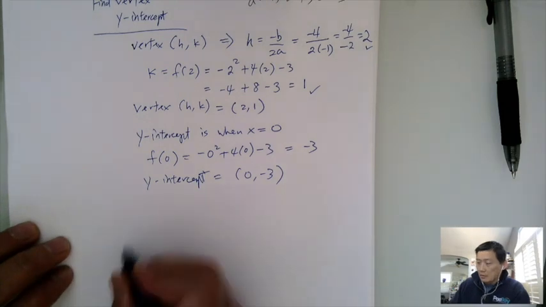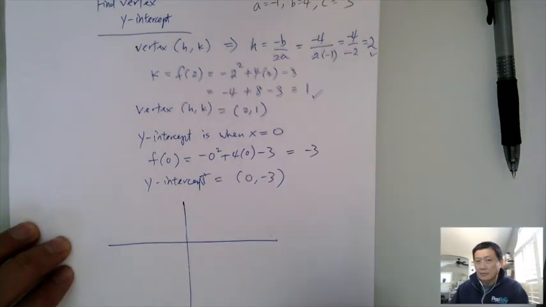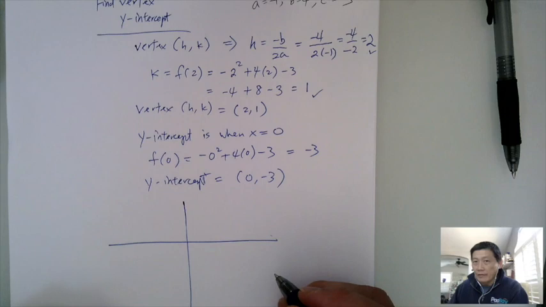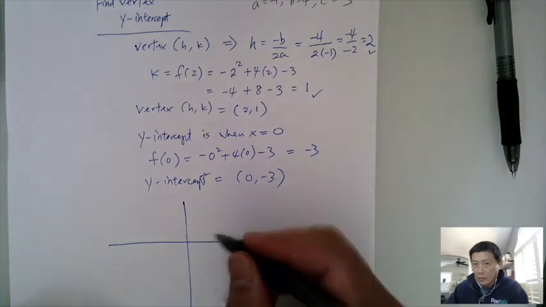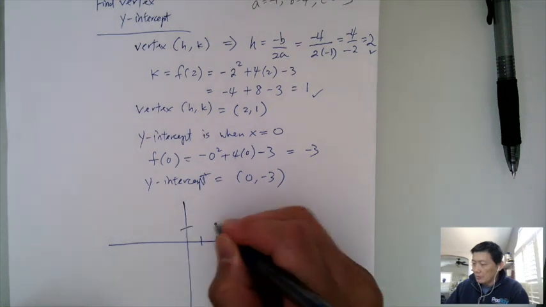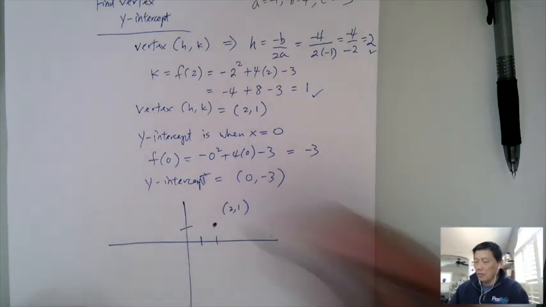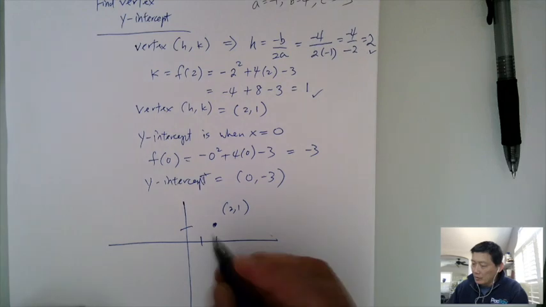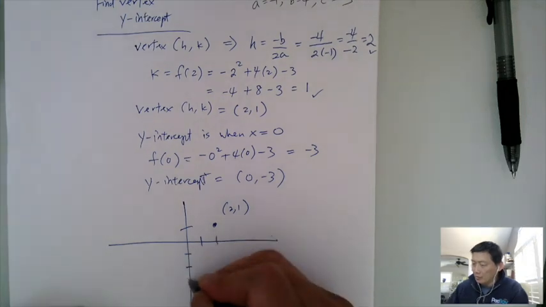So here we are. We can graph it out. Once again, we have a vertex at 2, 1, and the y-intercept is 0, negative 3.